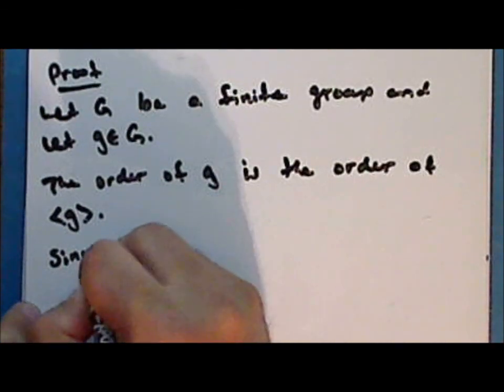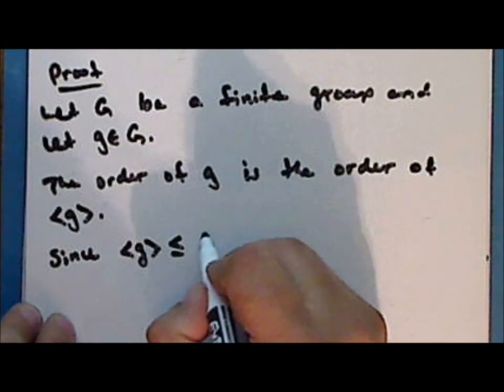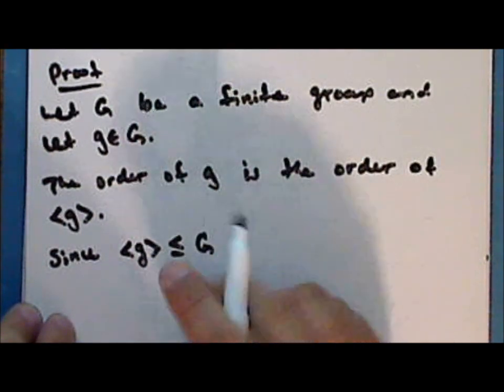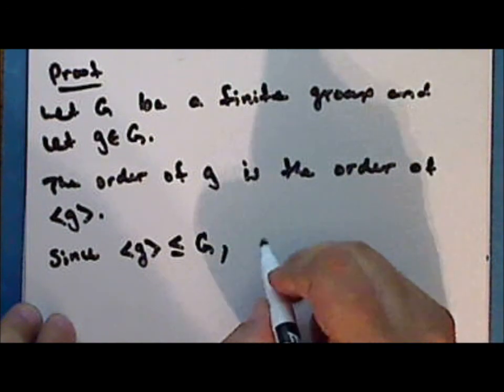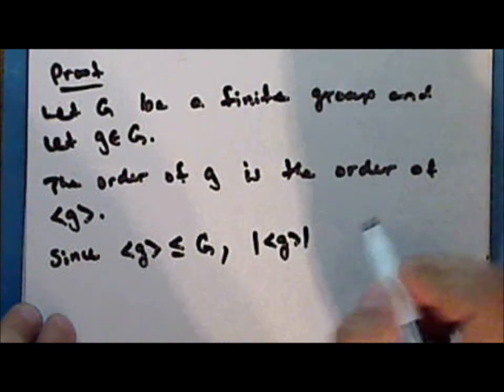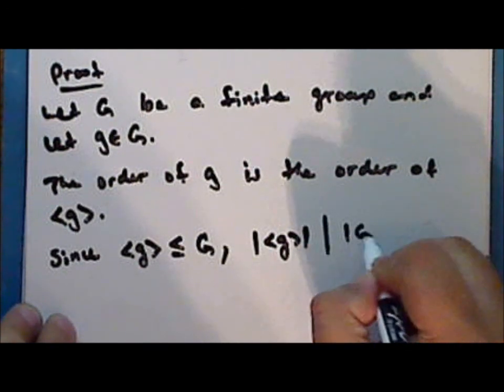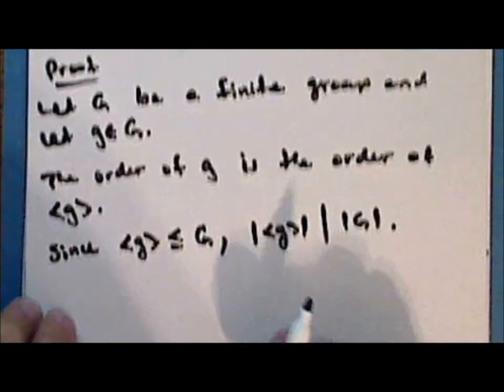Now, since the cyclic subgroup generated by g is a subgroup of the finite group G, once again, by Lagrange's theorem, we have that the order of the cyclic subgroup generated by g divides the order of the group.